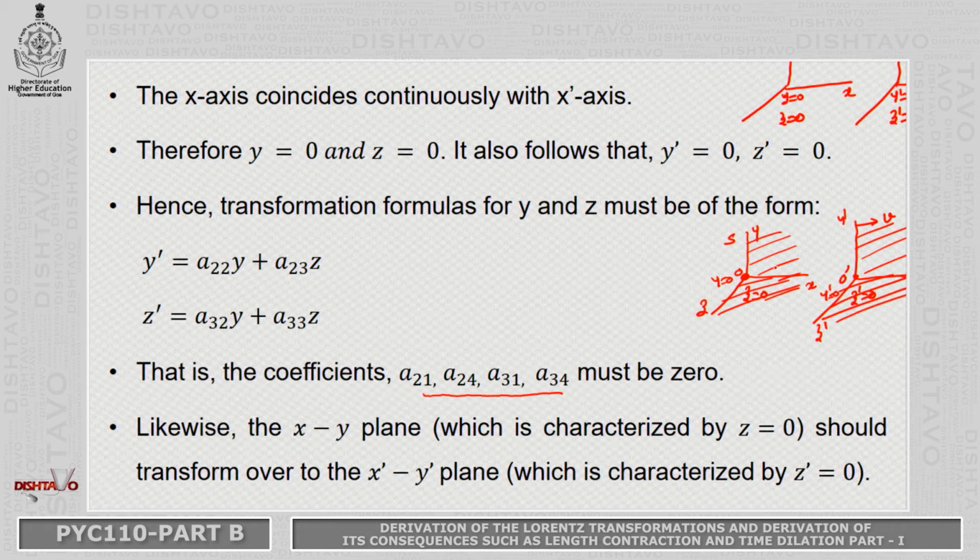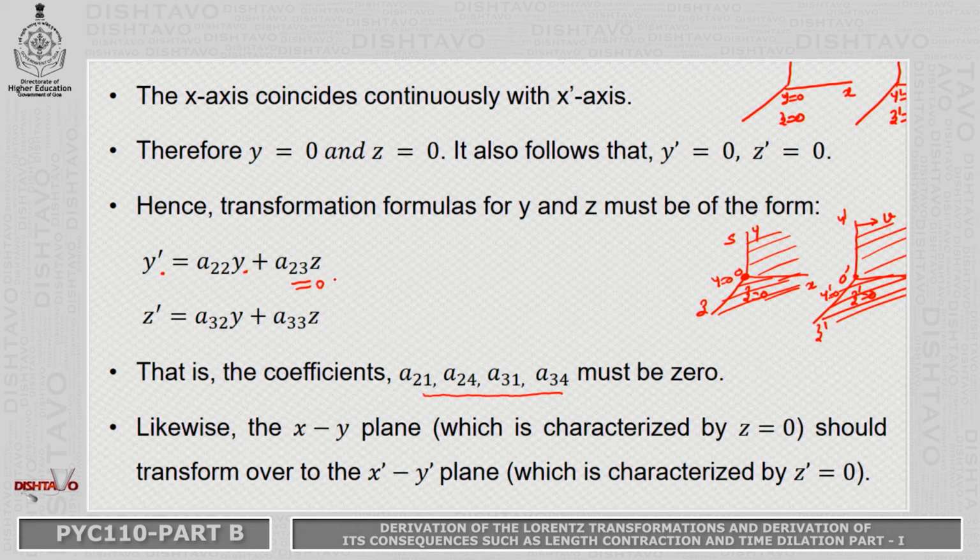Fine. So if you consider the yz plane and y dash z dash, xy plane and x dash y dash plane, then y is 0 and y dash is 0. So when y is 0, y dash will be 0, but this term is creating a problem. So to fulfill that condition that y dash is 0 when y is 0, we must take a23 equal to 0.